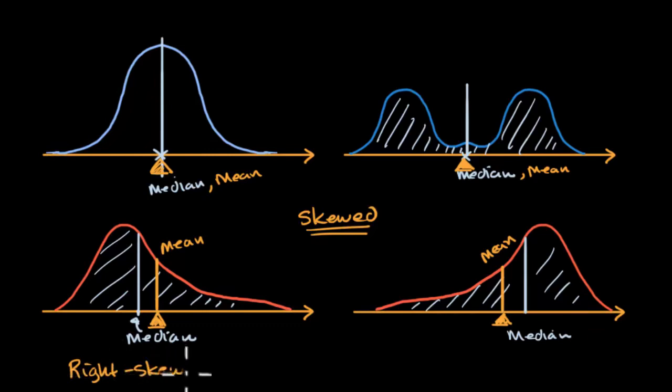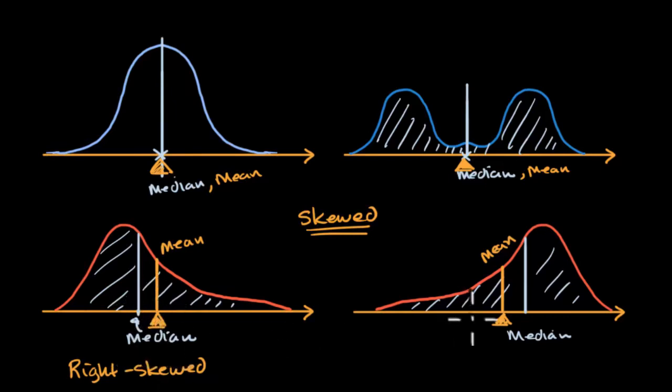Now, the technical idea of skewness can get quite complicated, but generally speaking, you can spot it when you have a long tail in one direction. That's the direction in which it will be skewed. Or if the mean is to that direction of the median. So the mean is to the right of the median. So generally speaking, that's going to be a right skewed distribution.